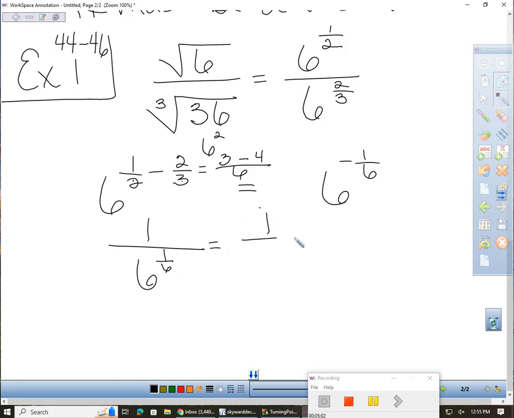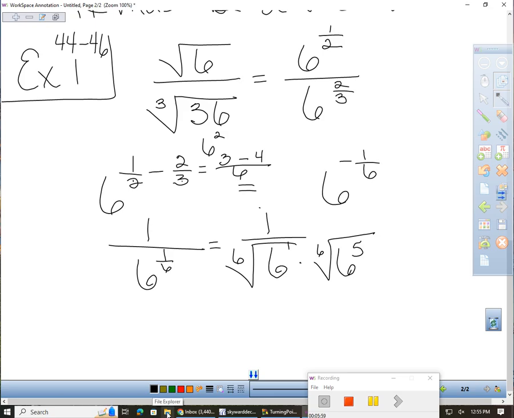This is going to be 1 over 6 to the first inside a 6th root. Oh, you can't do that. You're right. What are we going to do? Yeah. So we're going to multiply it by the 6th root. How many more 6's do I need? So we're going to go 6 to the 5th power.